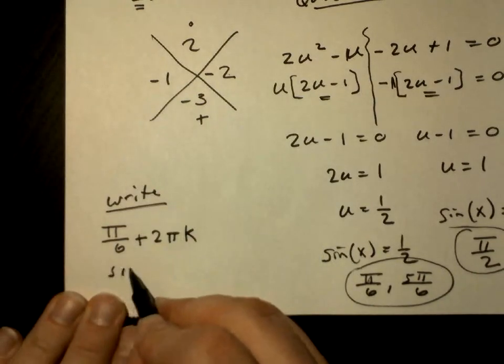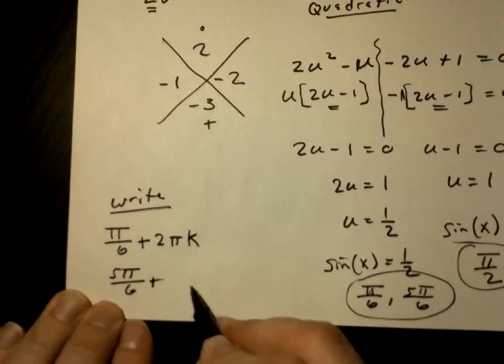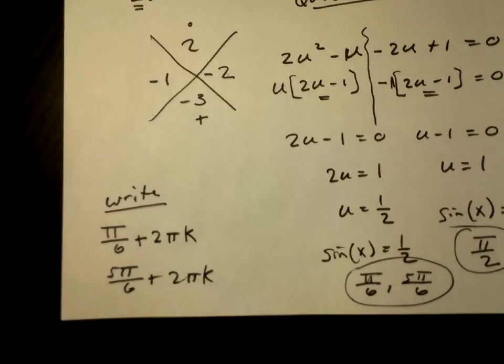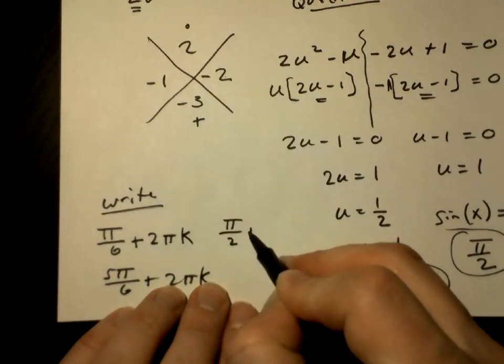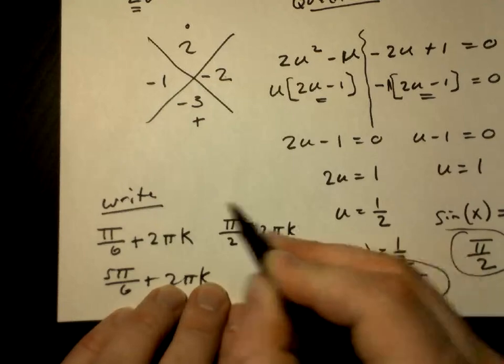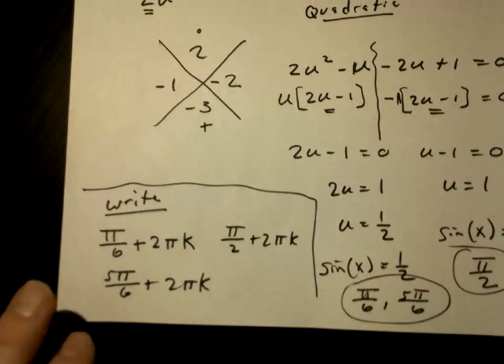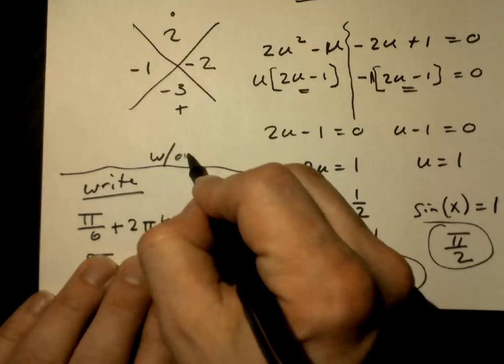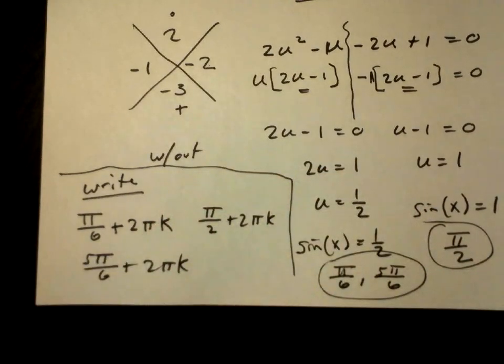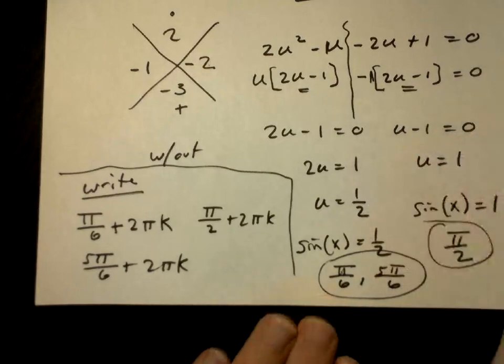And the other one is going to be 5 pi over 6 plus 2 pi k around the circle. And also include the same thing with pi over 2 plus 2 pi k. Technically, that's going to be your answer without restriction. And I guess we could say this is with.